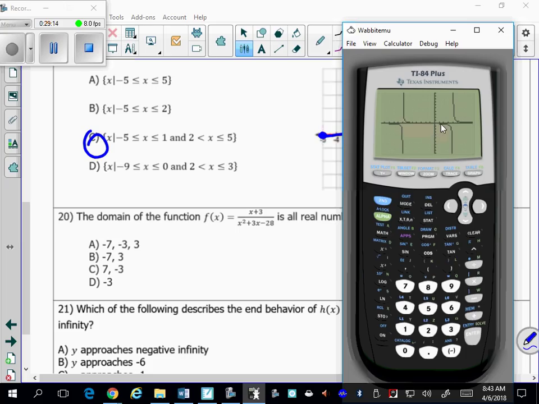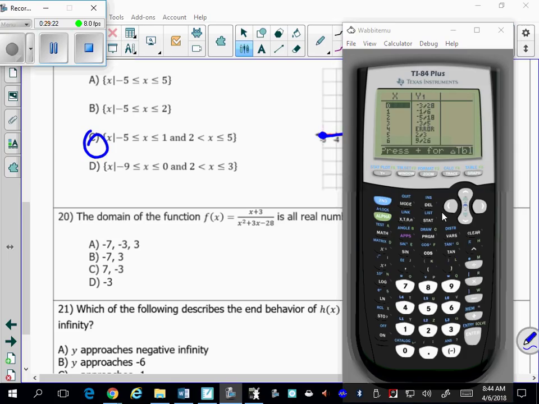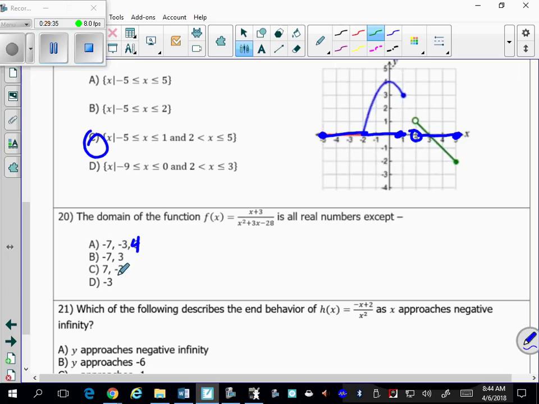Alright, just realized your test review is a little different. These answer choices are different here, and it probably was on the last problem or a couple of problems before that too. So this is not 3, this should be a 4, and then a 4 here, and a -4, and a 4. So looking at the graph, you have an error at 4.